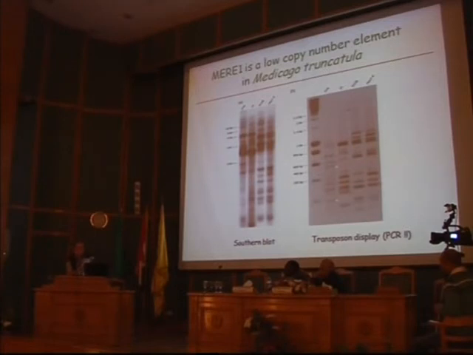And just what I said to you, this is a Southern blot from different plants, and this is PCR-based detection, so we are amplifying the border of the element. What it shows is that for retroelements, this is a low copy number. Normally you have thousands per genome. This one is quite a low number. This is a wild-type plant.